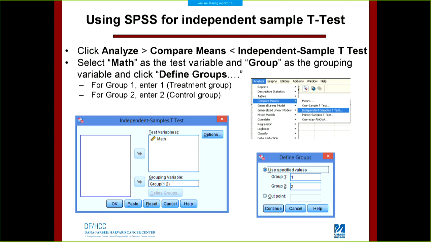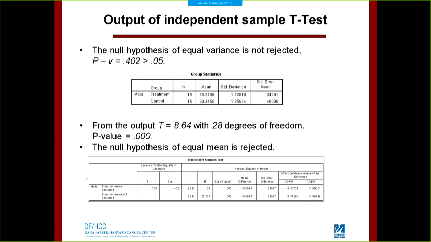You can just use the GUI, go to the drop-down menu, click on analyze, compare means, and then check the independent sample t-test. Then follow the steps, put the dependent variable as the test variable, and define the grouping variable, one for the treatment and the other for the control, and then you can run the t-test here.